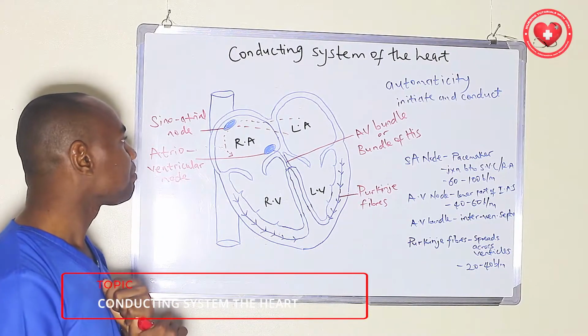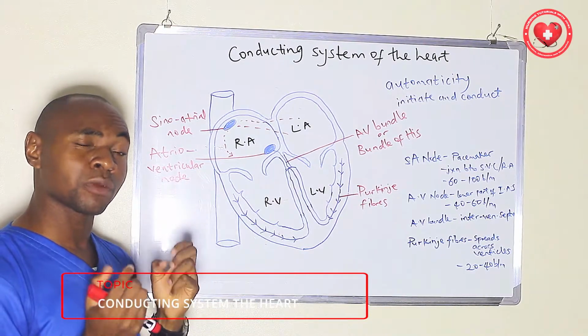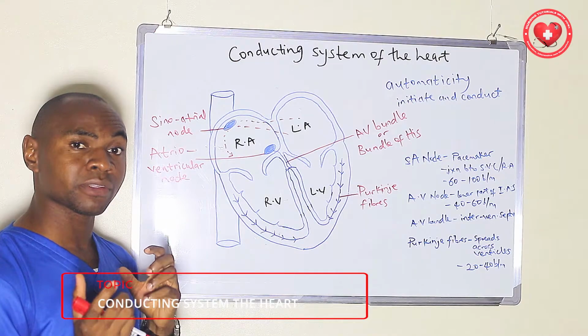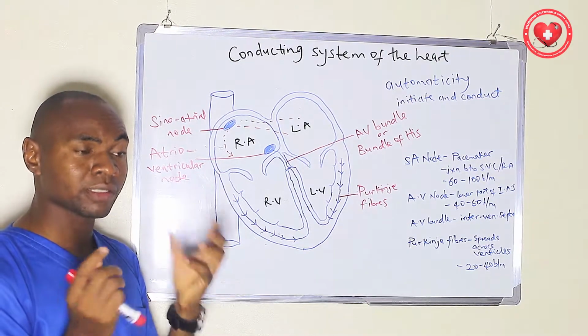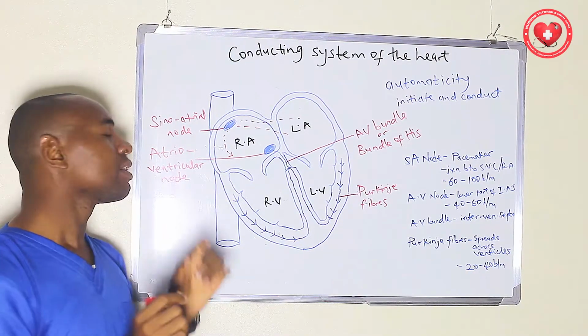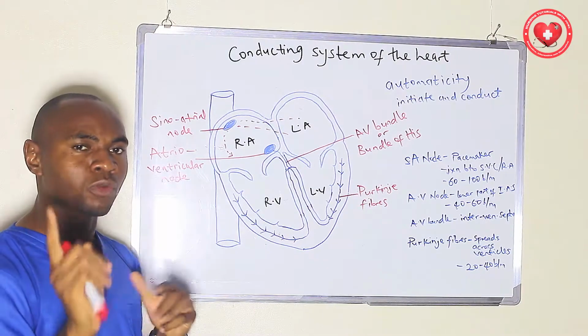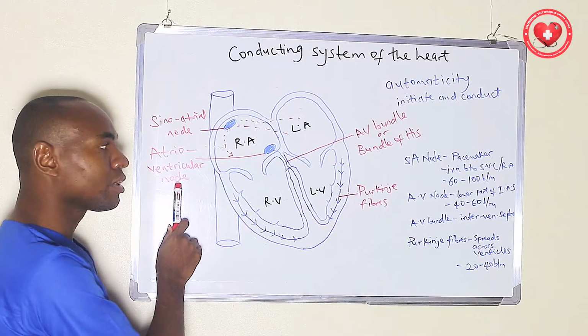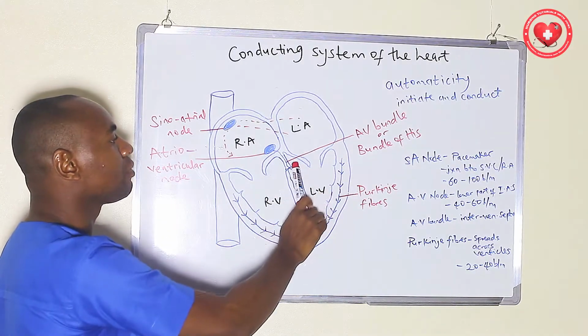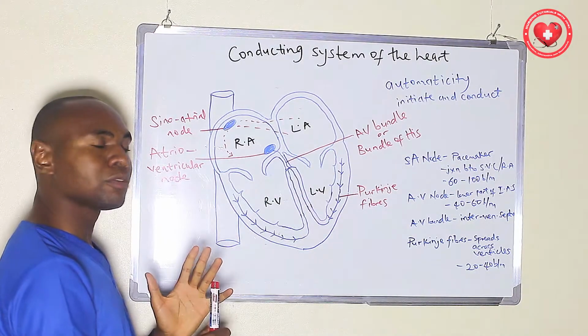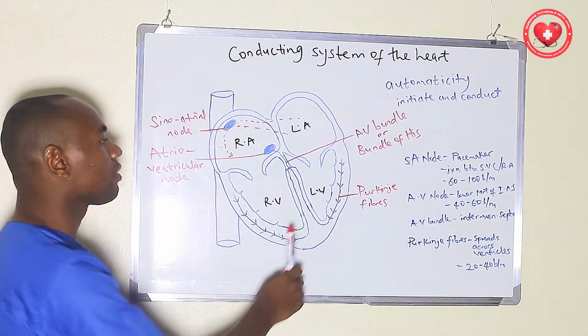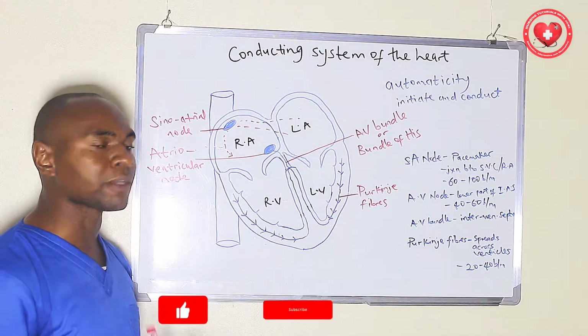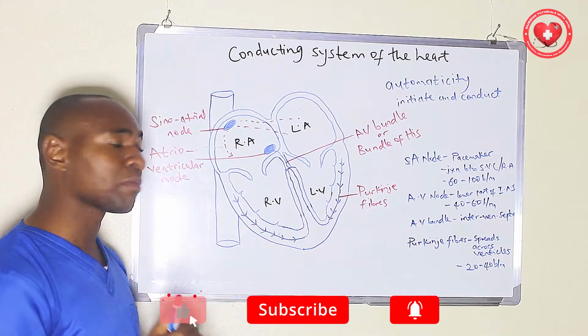The initiation and conduction of impulses leads to contraction in the heart. That force we'll be talking about is because of these 4 structures. What are they? We have the sinoatrial node, the atrioventricular node, the AV bundle, that's the atrioventricular bundle or bundle of His, and the Purkinje fibers. We'll be looking at each of them one by one.